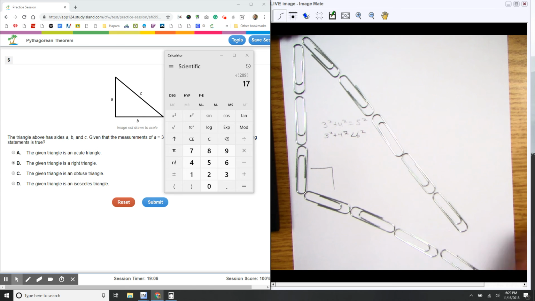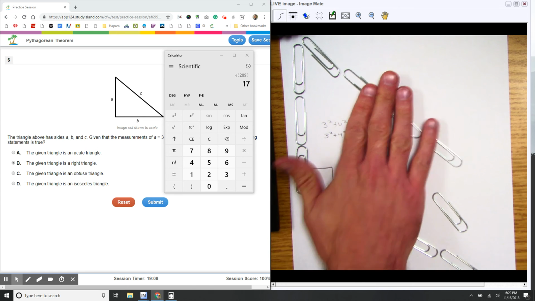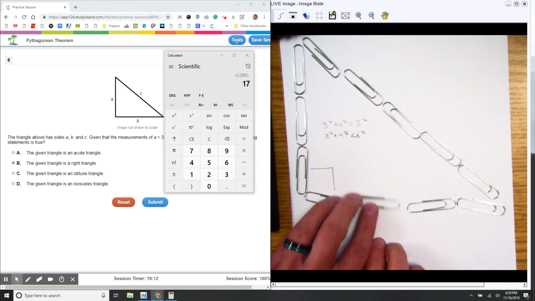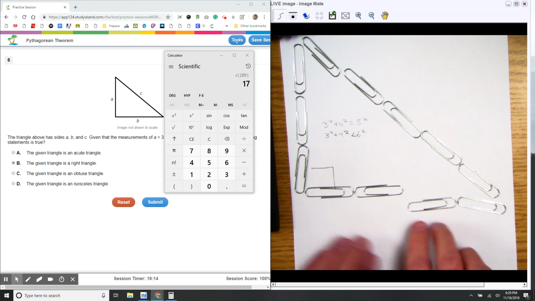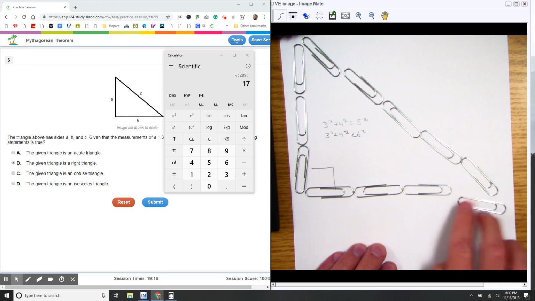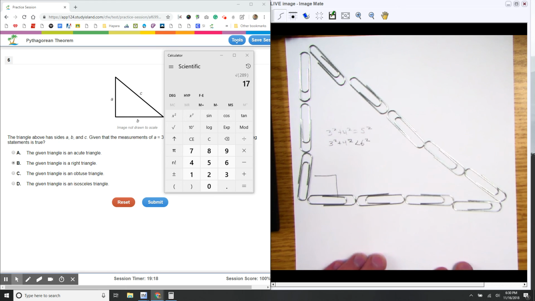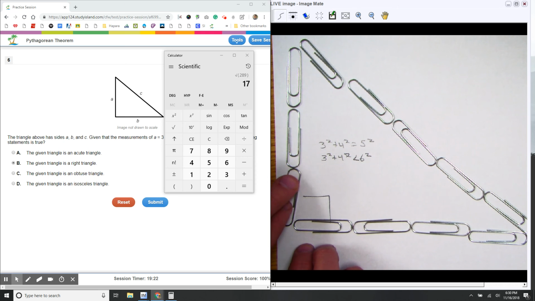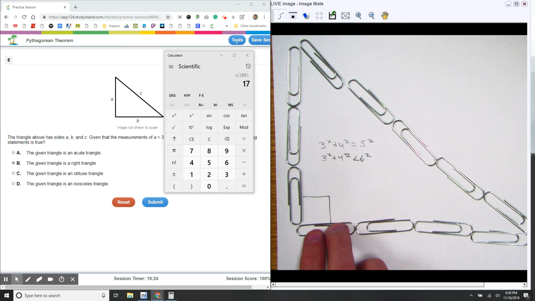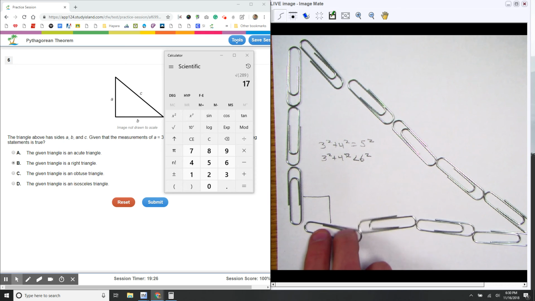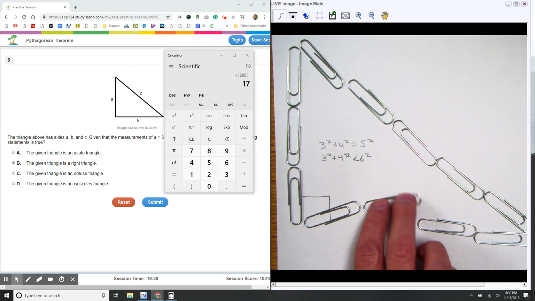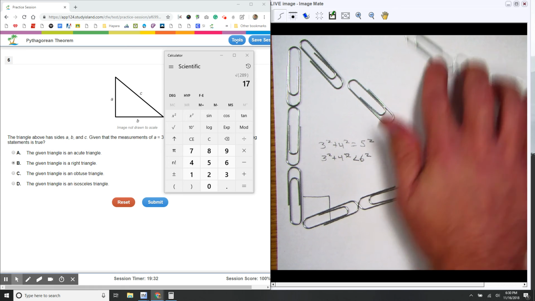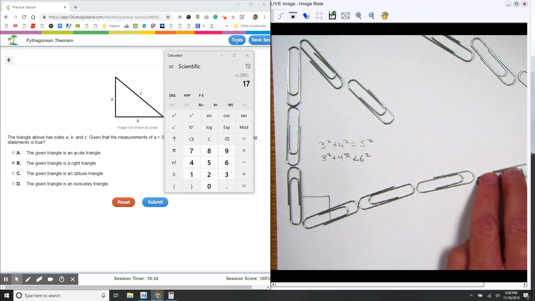But similarly, if instead of making an obtuse triangle out of our right triangle, we started with a right triangle here, and it was a 3, 4, 5. What if we made it an acute triangle, which means instead of making this angle bigger, what if we made it sharper? Well, now, again, I'm using 3 and 4.